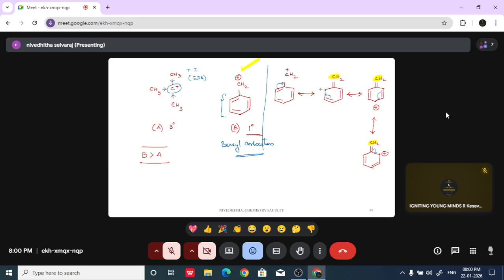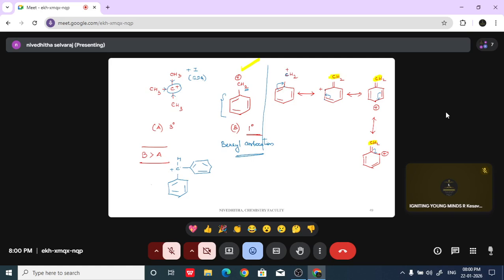Okay. Suppose I'm going to write another structure, with a positively charged carbon. Here I have two hydrogens, right? I'm going to replace one more hydrogen with a benzene. So I have two benzene rings. The positive charge will be taken away by these benzene rings for some time, and by these benzene rings for some time.